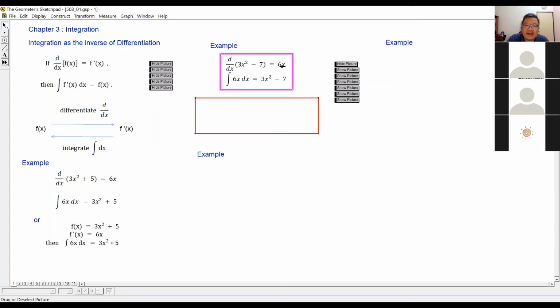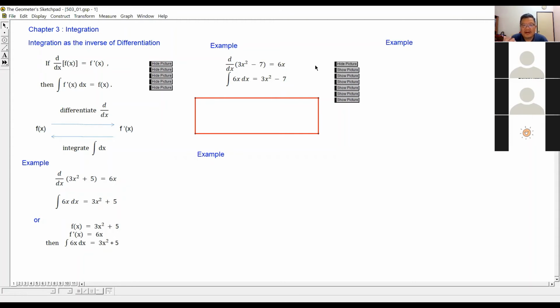So if I integrate this 6x, I will get back 3x squared minus 7. So in symbol form, integrate 6x dx equals 3x squared minus 7. Okay or not?